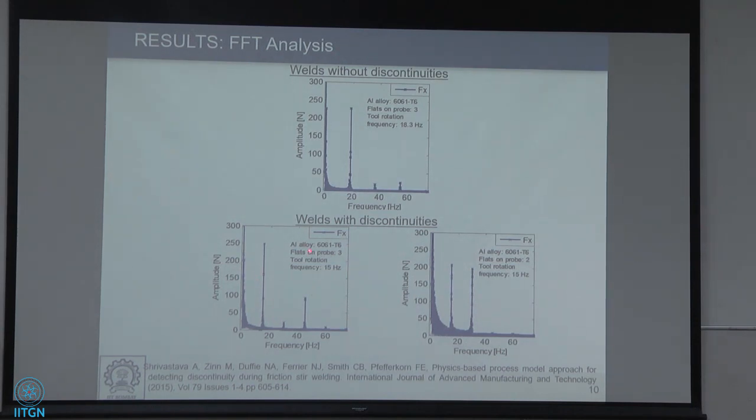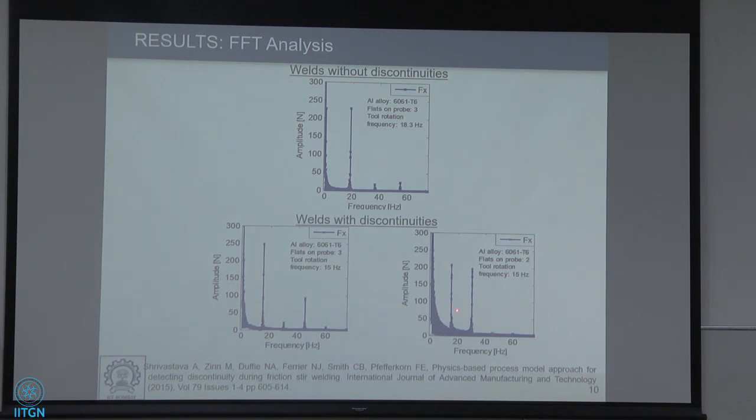On the other hand, for the welds in which discontinuities were known to be present, we could see additional peaks very clearly at a particular higher harmonic which corresponded to the number of flats on the tool itself. For example, for this weld, which we knew had defects, when we did the fast Fourier transform of the forces, we could see not only a large peak at the fundamental tool rotation frequency, but also at 2 times the fundamental frequency, where 2 comes from the number of flats.